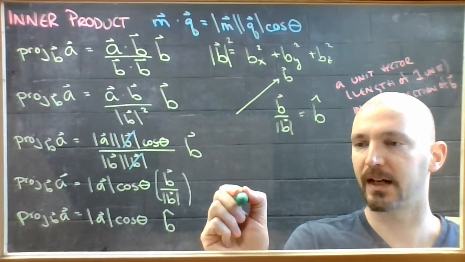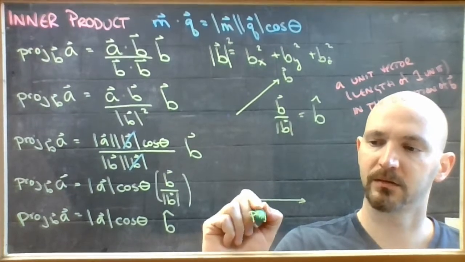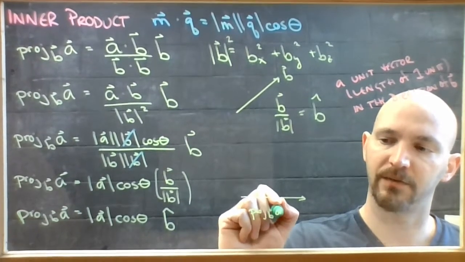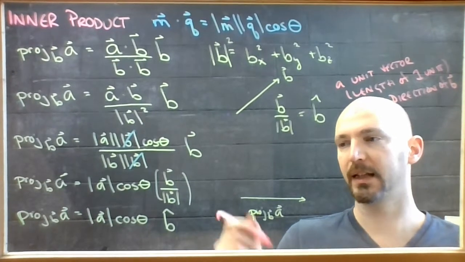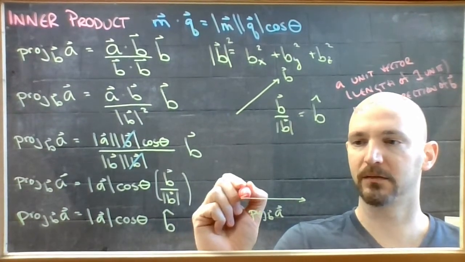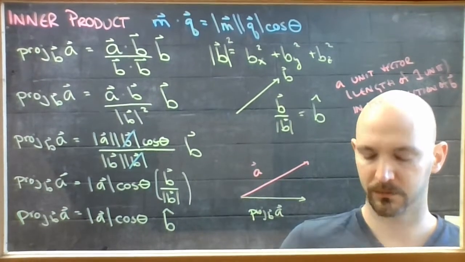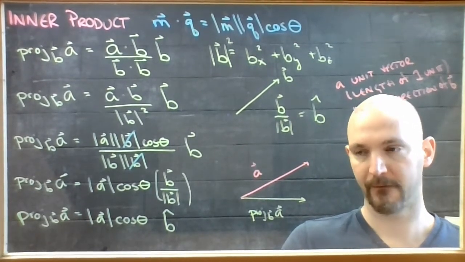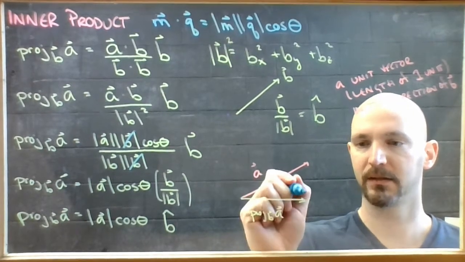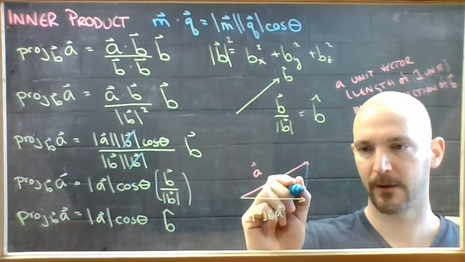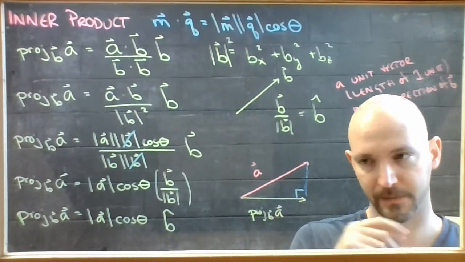First off, I have the projection of a onto b, and then I have a itself, and then I have this mysterious side that happens to meet at 90-degree corners. So I just constructed that.